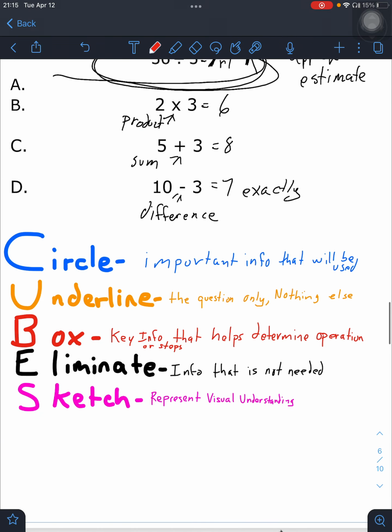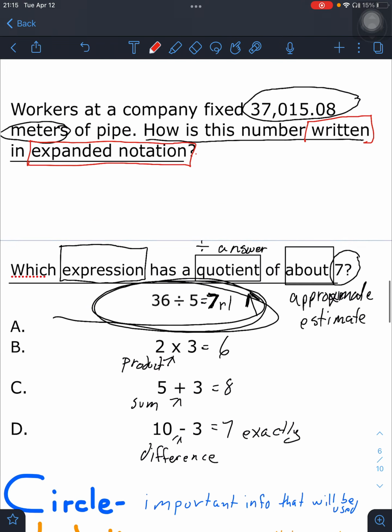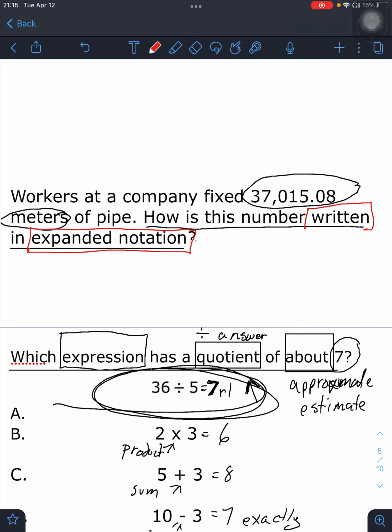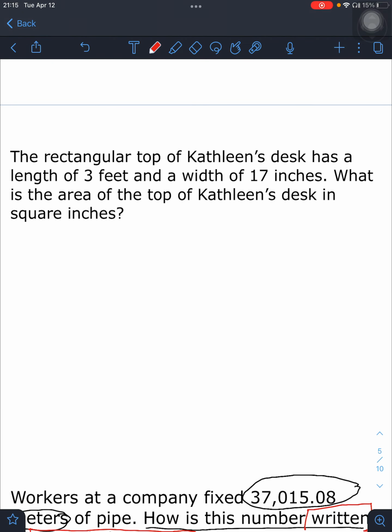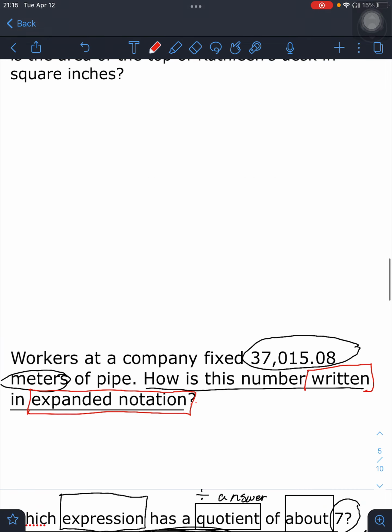Now, eliminate information that is not needed and sketch. Okay? So, as we get into problems that have more details, then we begin to obtain information that is not needed and it requires us to sketch when there's multiple steps.